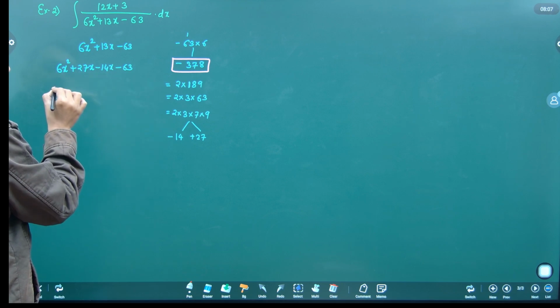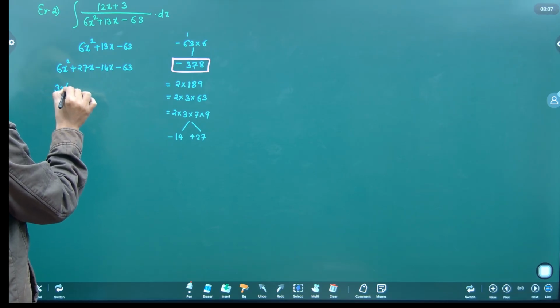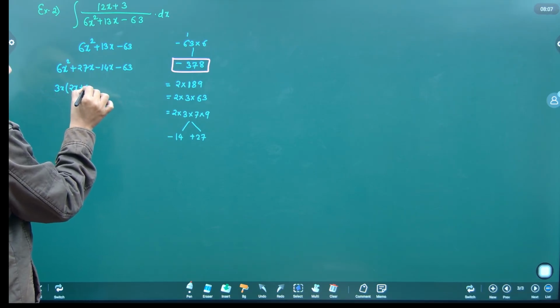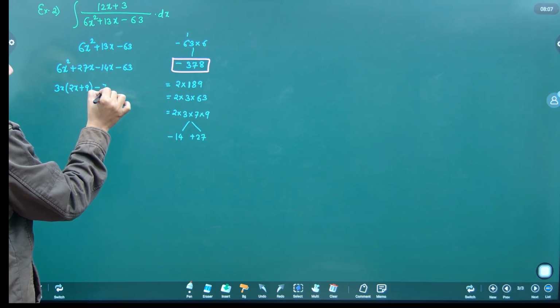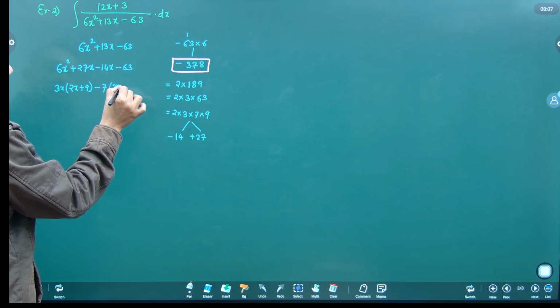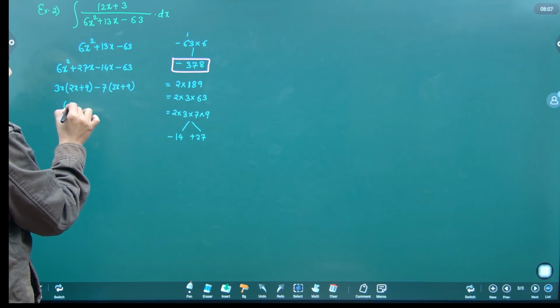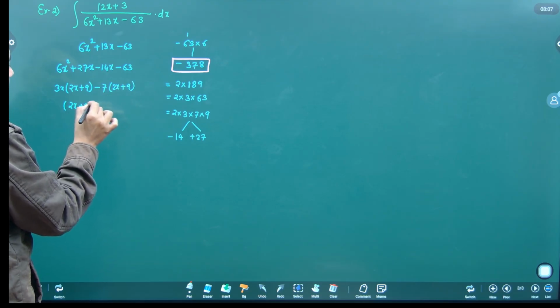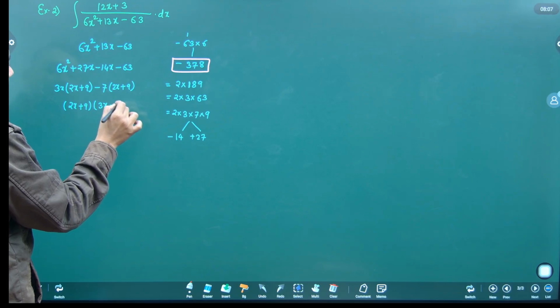What can you take common? You can take 3x common, in bracket it will be 2x plus 9, minus you can take 7 common, in bracket it is 2x plus 9. What are the factors? The factors are 2x plus 9, and the second factor is 3x minus 7.